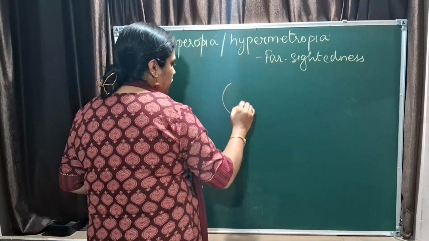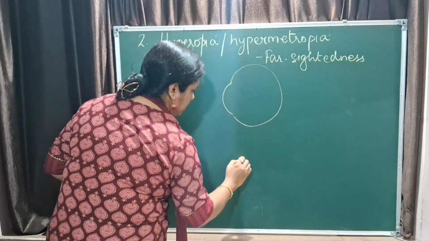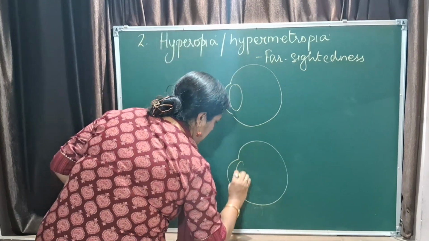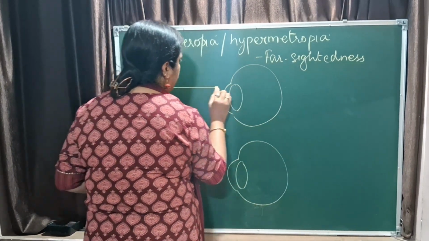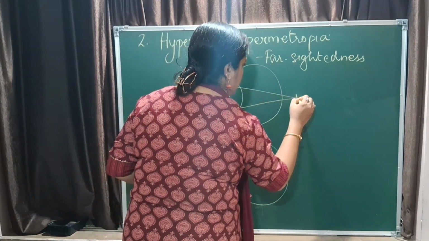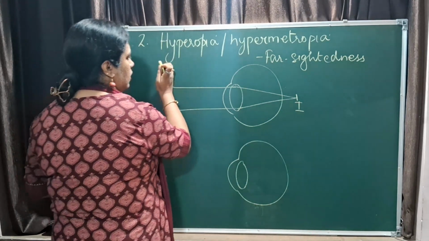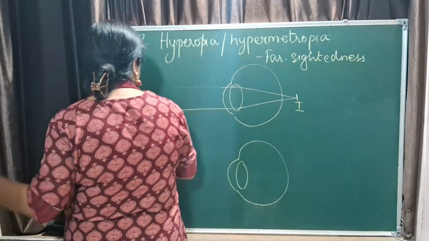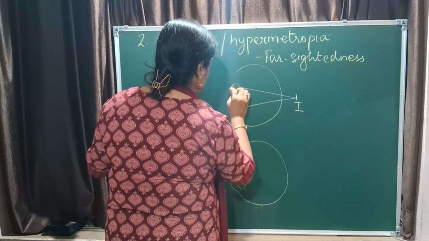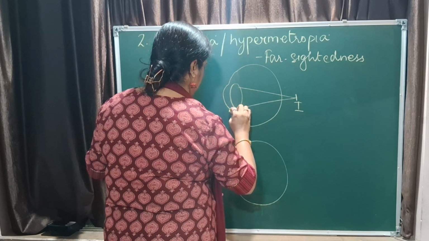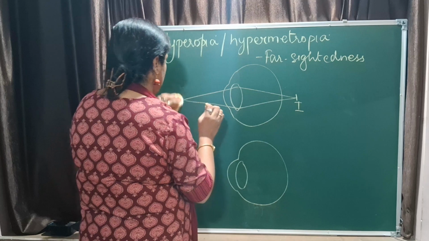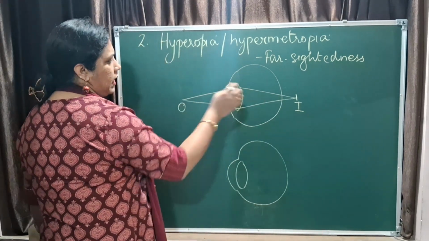What happens generally, your eye, the lens, and your image formation takes place beyond the retina. Image is formed here. Since the object is coming from closer, you have the object here and the image there.